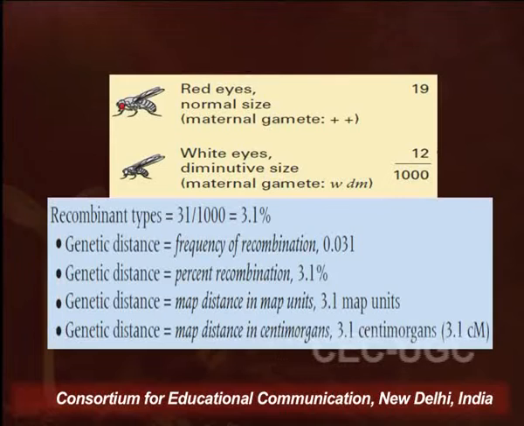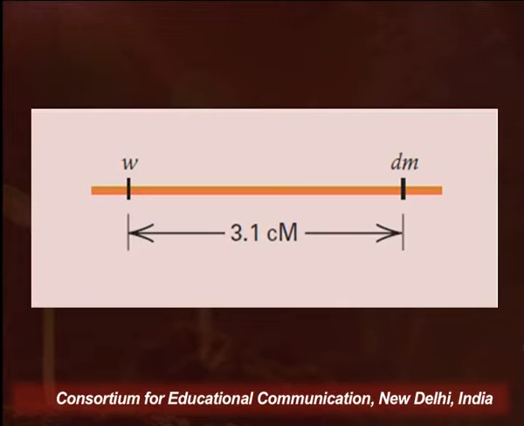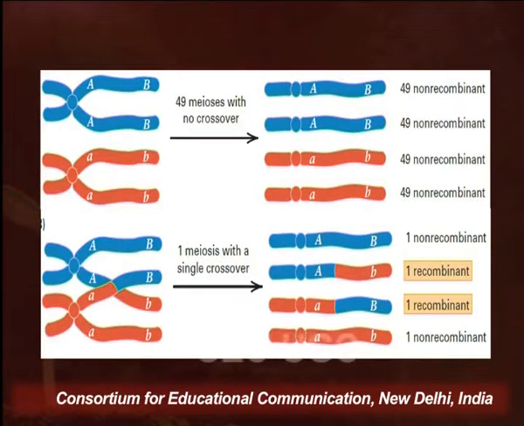It would be 3.1 map units, which is then equivalent to 3.1 centimorgans, written as 3.1 small c capital M. And on a scale, on your screens you could find, we could represent this graphically by having the diminutive size and the white eyes at a distance of 3.1 centimorgans.